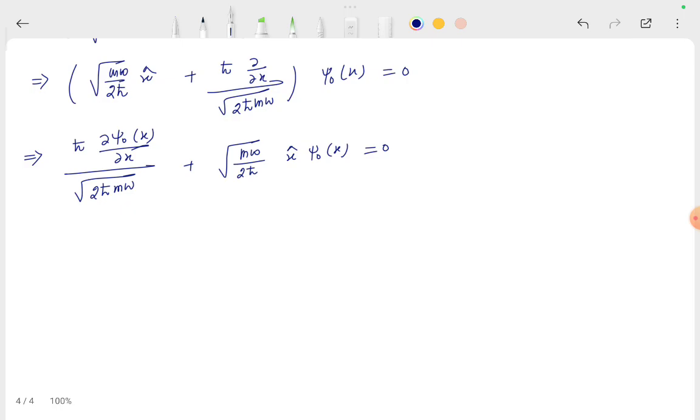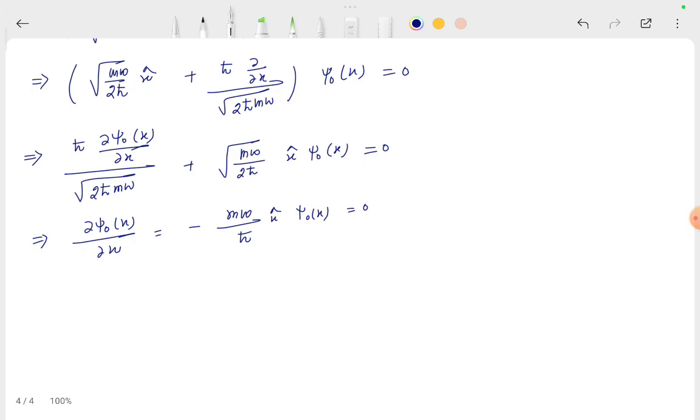Okay, so del psi 0 of x on del x equals to minus m omega upon h cut x psi 0 of x. Just simplify this. It's very easy, you do it.